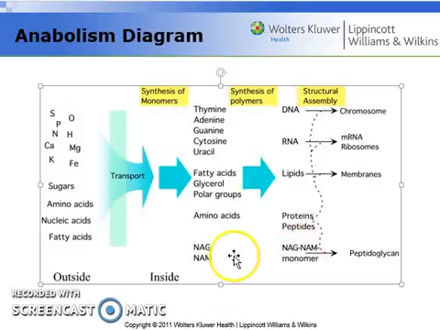In the process of an anabolic reaction, proteins are built from the formation of peptide bonds between amino acids. Lipids are used to construct membranes that surround the cell. RNA is used to build ribosomes that are used to undergo the process of translation inside the cell to build proteins. RNA is also used to build messenger RNA.